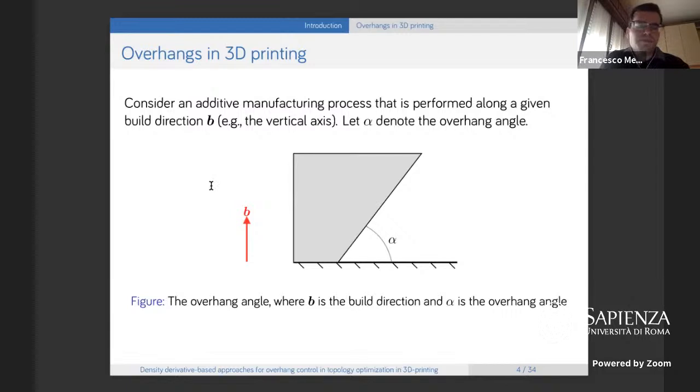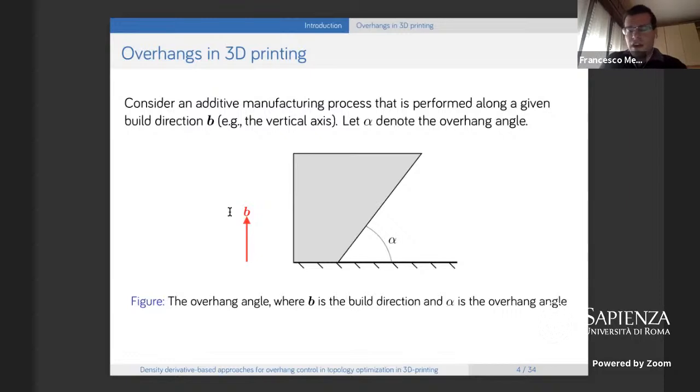But anyway, just to introduce some notation that we are going to use, we have a build direction, which we denote by the letter B. In general, for simplicity, we will assume this direction to be vertical and directed upwards, but it is very easy to formulate our approaches for any general build direction.